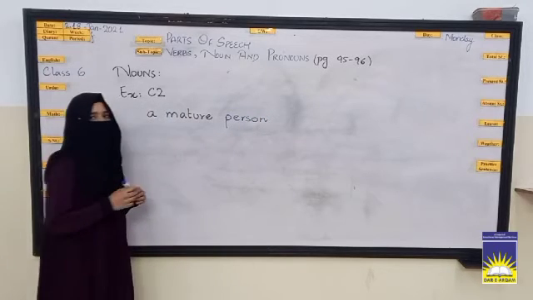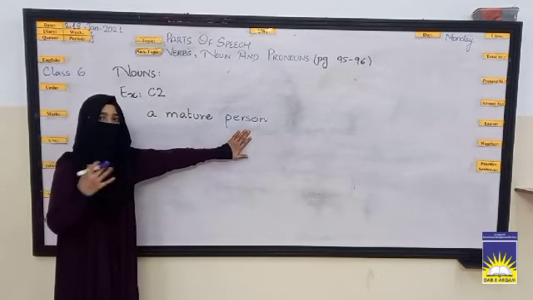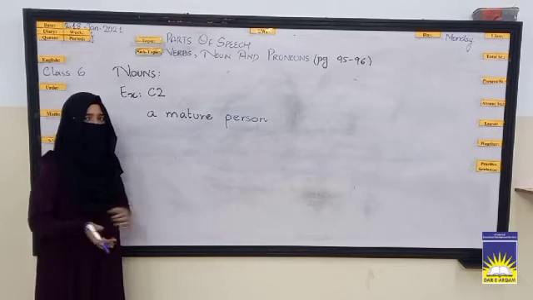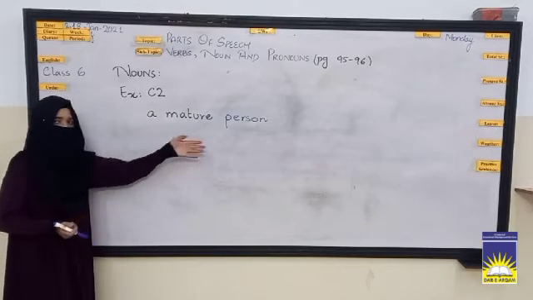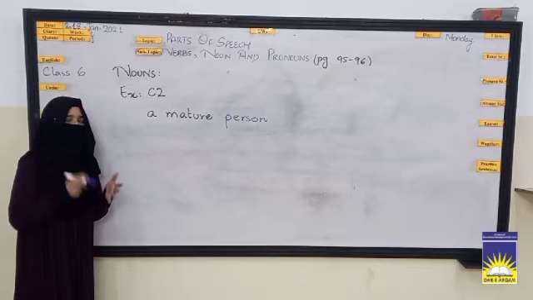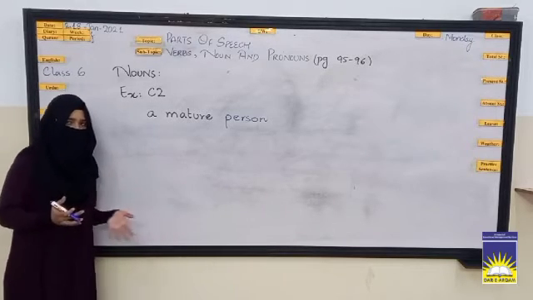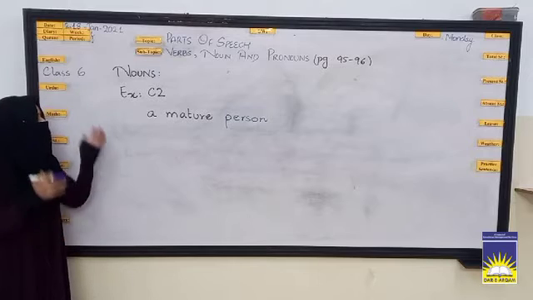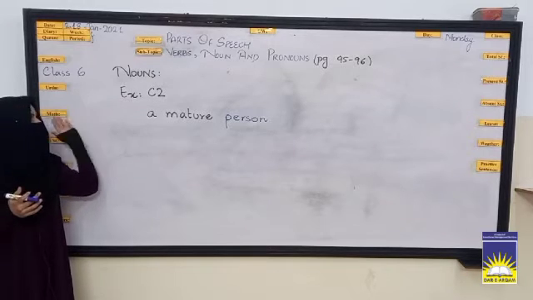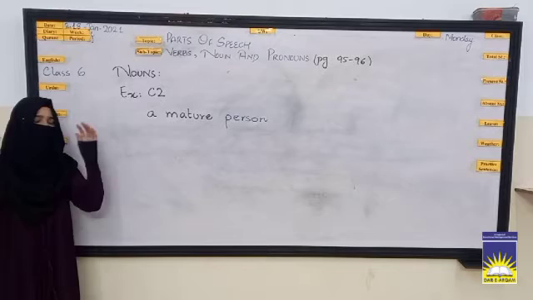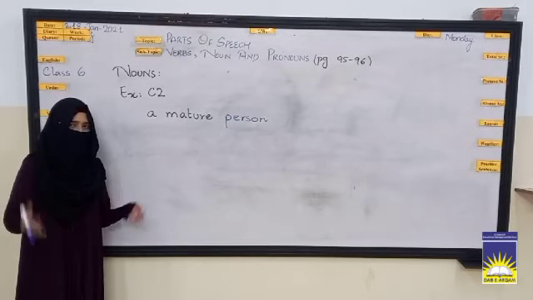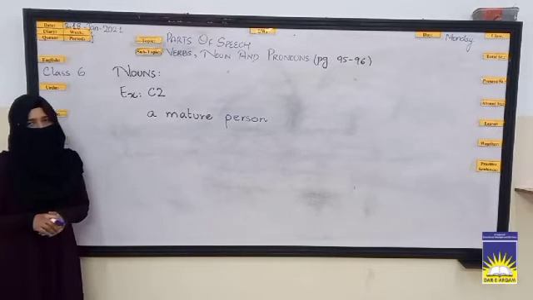So this word person is a noun, it can be anyone. So I have chosen this one. Now it's up to you which noun you would like to give to each adjective. So this is how you have to complete that exercise. Just keep the concepts in your mind and then try it by yourself. Now let's move on to the next one.